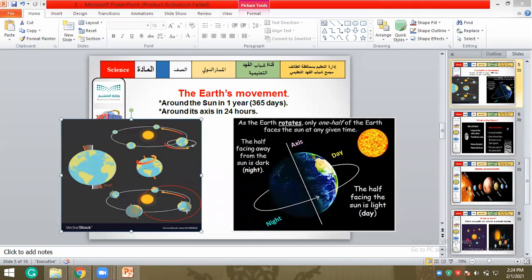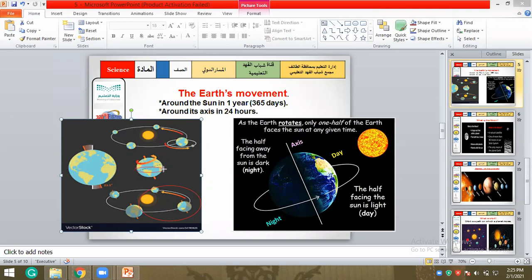The Earth revolves around the sun or moves around the sun. This is the first movement. The second movement is around its axis. The axis means it's tilted. And the Earth is moving like this. Look.